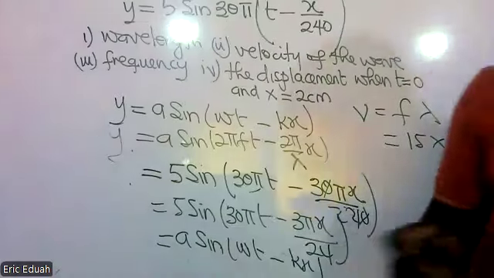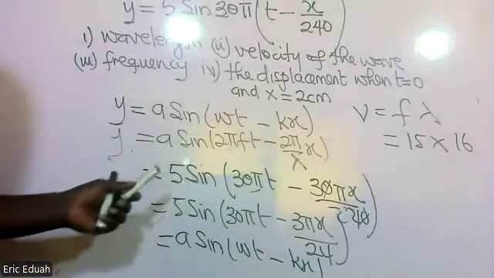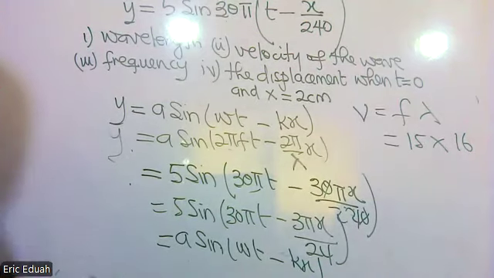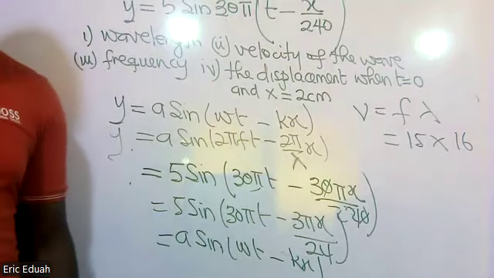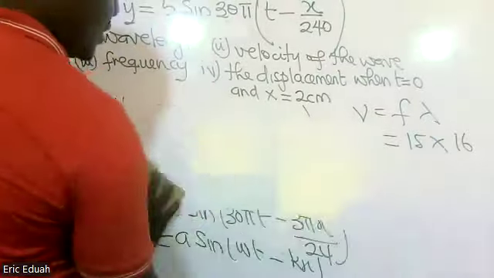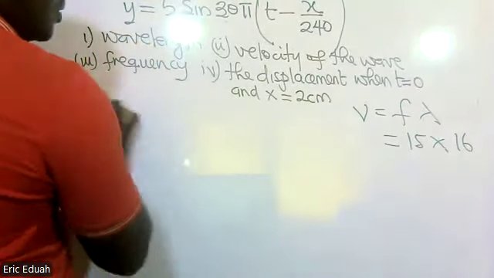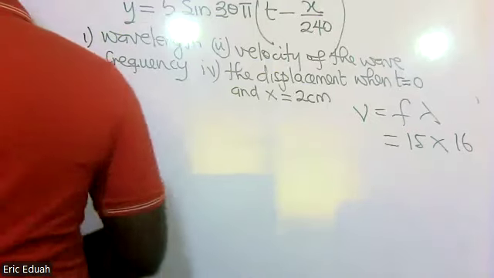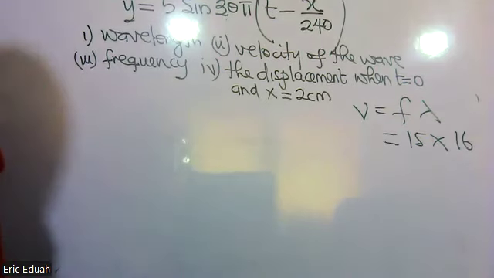That's it. Then, the displacement when t is equal to 0 and x is equal to 2 centimeter. Who managed to finish this particular question? The last question. Yes, Charlotte.